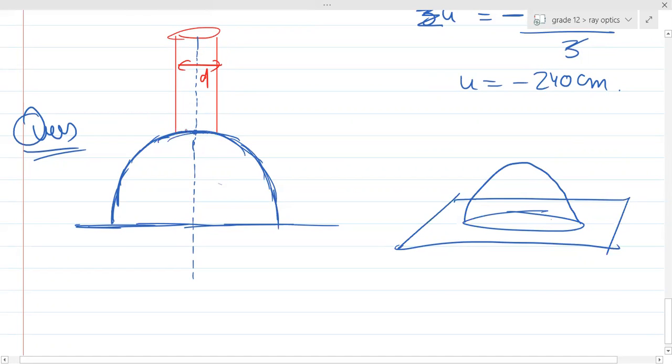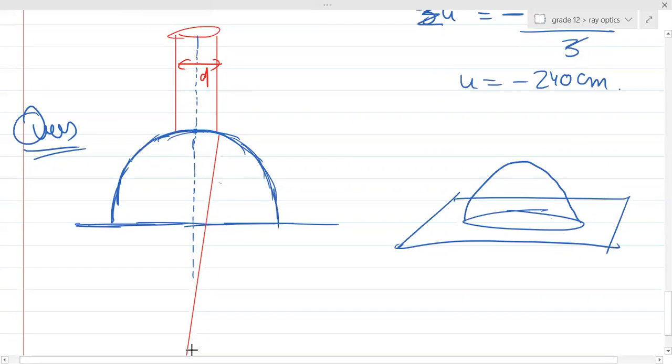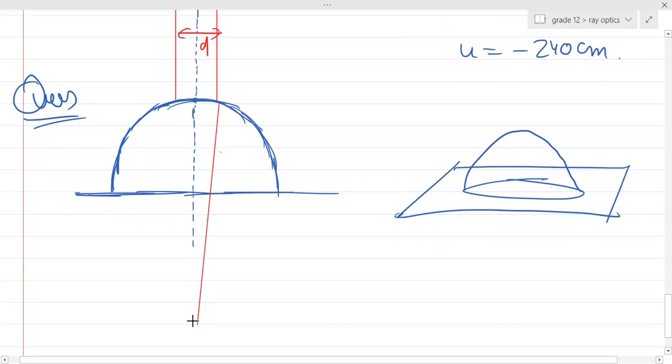So what will happen? Refraction will take place through this particular surface, yes or no? After refraction, let us say this light ray will converge at some point over here.